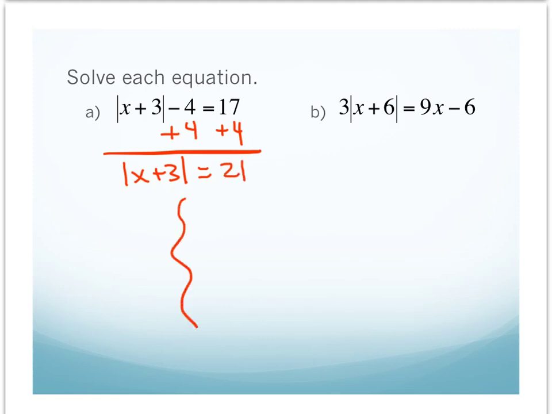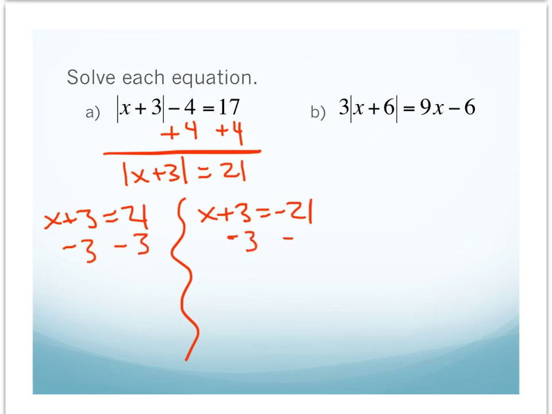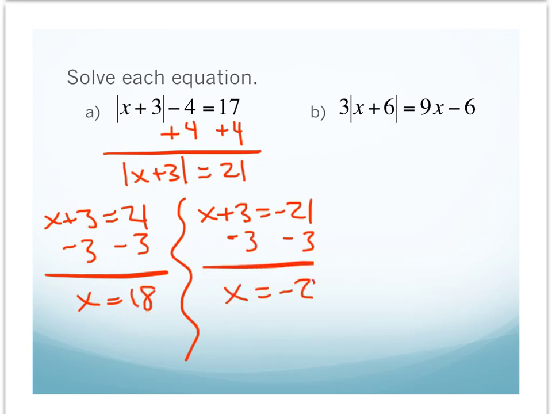And I split that up into two problems. x plus 3 is equal to a positive 21, and then x plus 3 is equal to a negative 21. And then I subtract 3, and I get x is equal to 18, and x is equal to negative 24. Those are the two possible solutions.